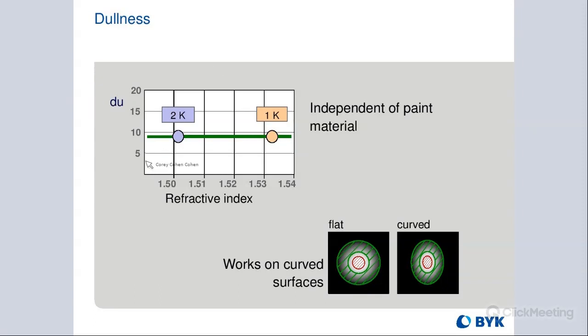The dullness measurement is independent of the refractive index. It also works well on curved surfaces, which is another big obstacle to getting accurate or consistent gloss measurements. So this dullness measurement is pretty robust.